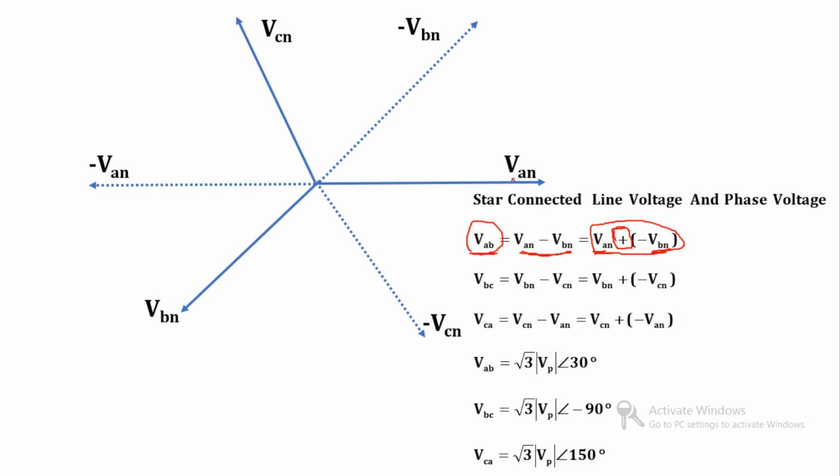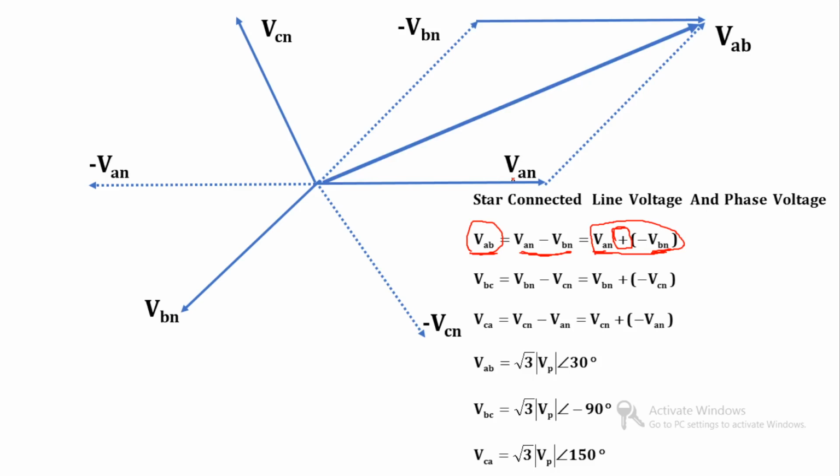Clear? We are going to use the addition of two vectors by means of the parallelogram method. So I am going to draw the parallel vectors. The first vector is parallel to VAN and the second vector is parallel to minus VBN. Now the addition of these two vectors gives us the vector VAB.